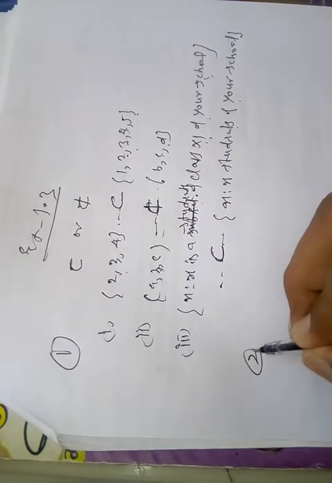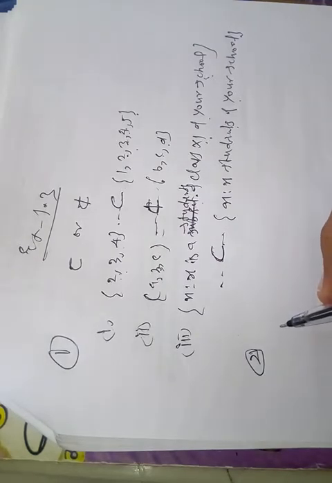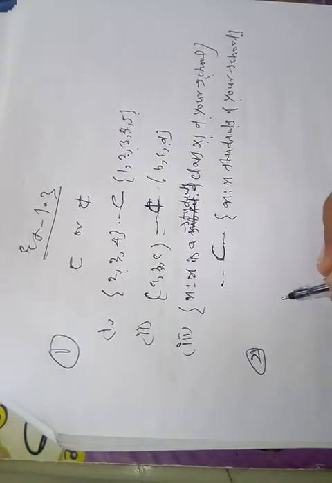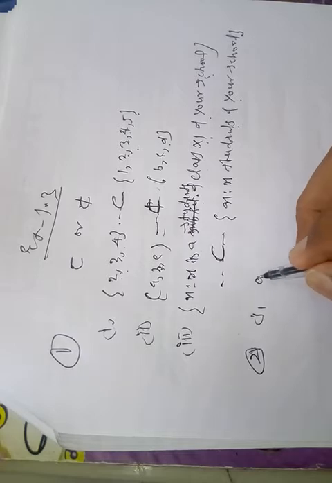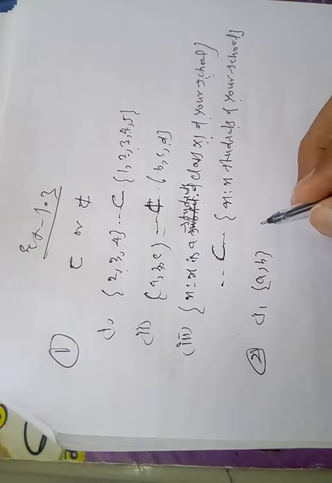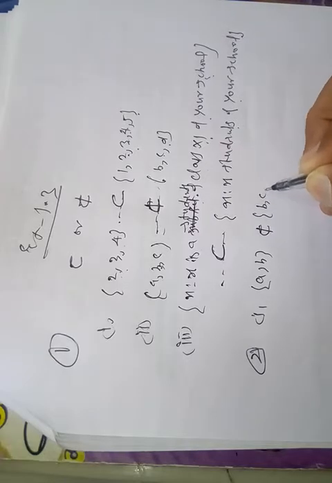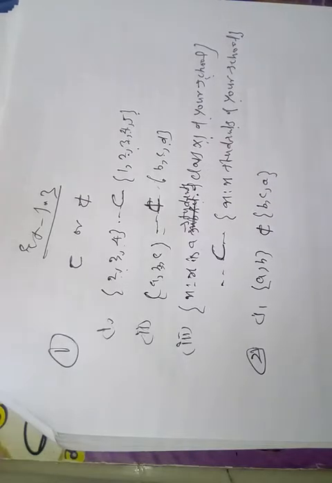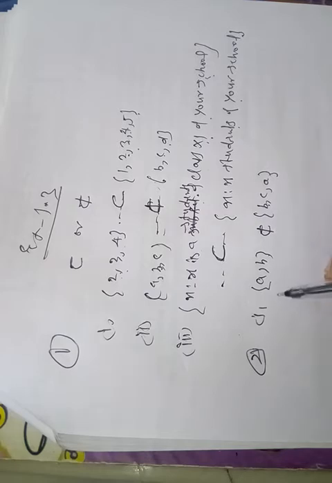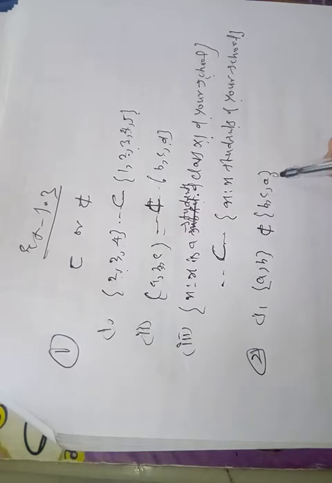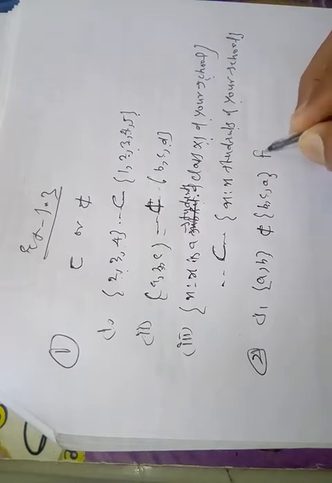Question number 2: examine whether the following statements are true or false. First, A B, given. B C and A. AB is also a subset of BCA, but given that it is not a subset, that is false.